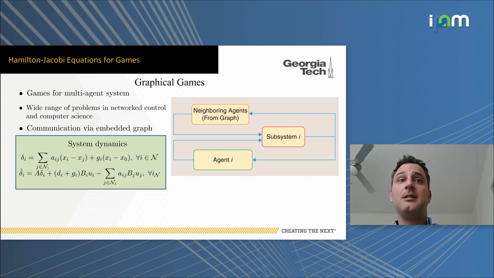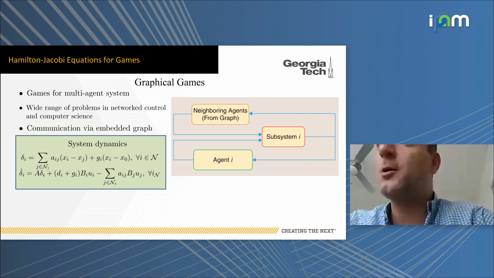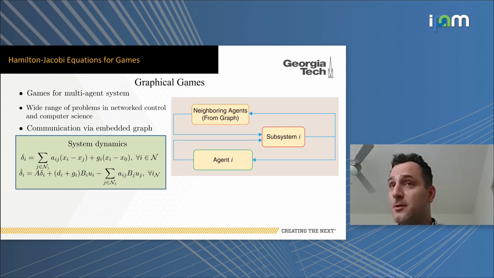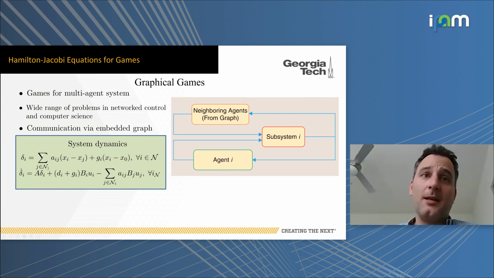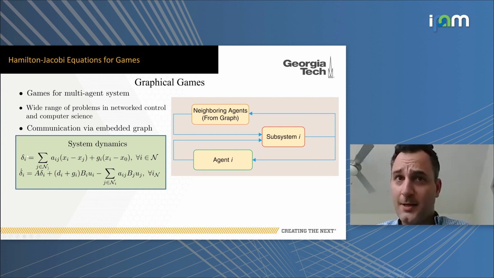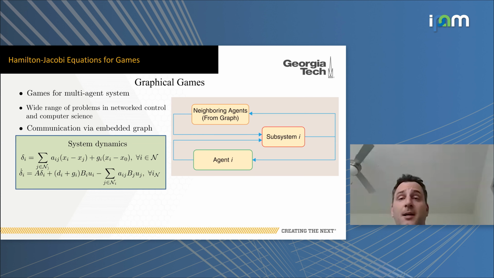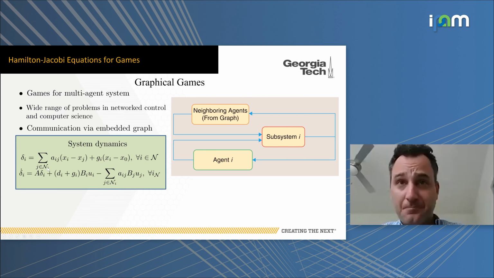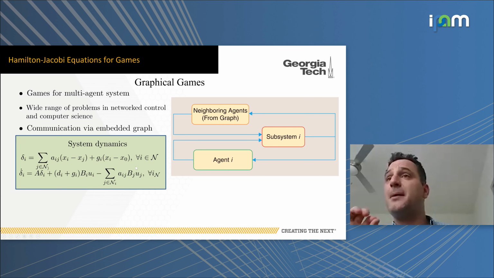For example, you can think that we want to eventually reach consensus. The delta that you see here will seem familiar for people working in consensus. A_ij is the adjacency matrix, x_i minus x_j is the way I communicate with my neighbors, j is in the neighborhood of i, and g_i is the pinning gain, whether I talk to the leader or not.